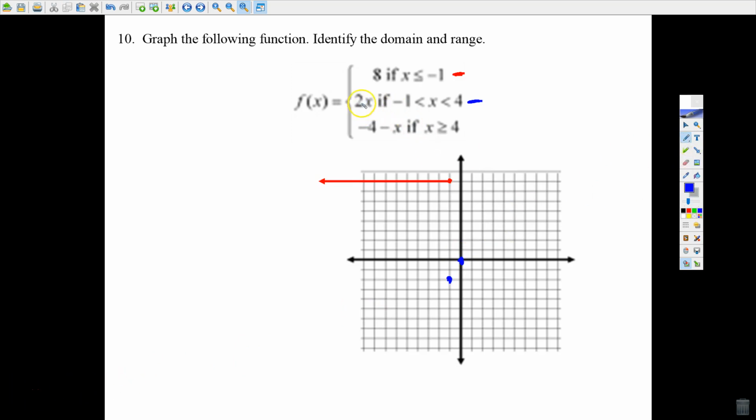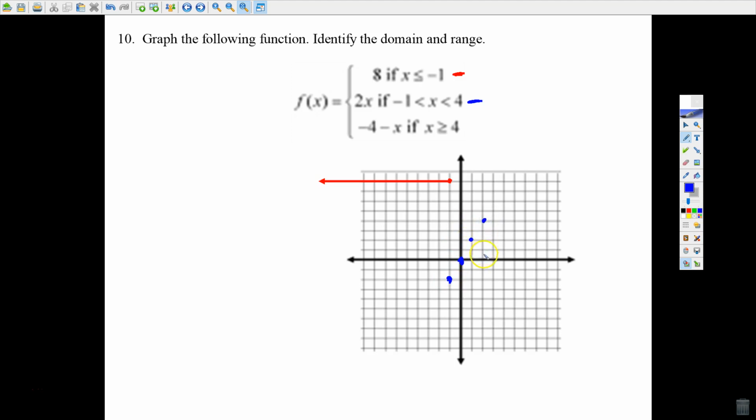But I notice that we're only going to draw this line f of x equals 2x for these values of x. So that means from x is -1, which I have identified here, over to where x is 4. So let's keep on plotting the points for this line, but we're going to stop where x is 4.